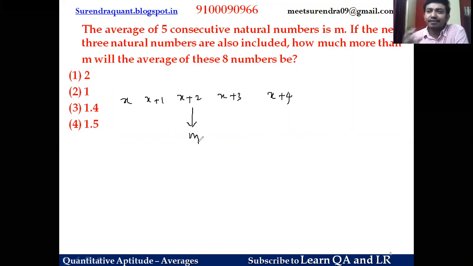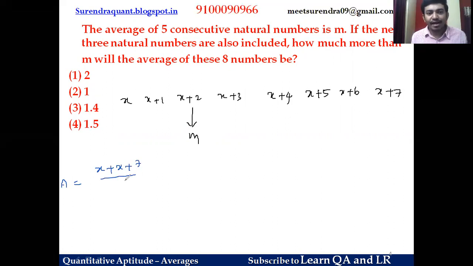If the next 3 numbers are also included, they are x plus 5, x plus 6, x plus 7. Now these are 8 consecutive natural numbers, so they're in AP. The average is first term plus last term by 2, so 2x plus 7 by 2, which is x plus 3.5.